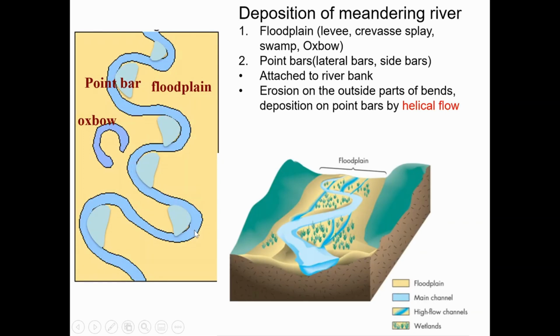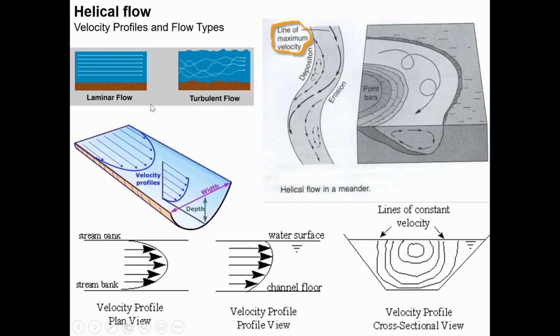How these sub-depositional environments developed is all because of this river meandering, and it erodes the cut bank side and deposits on the inside of this river. So how does this happen? Helical flow is a characteristic type of flow within meandering rivers.